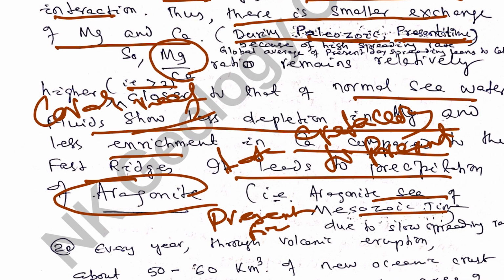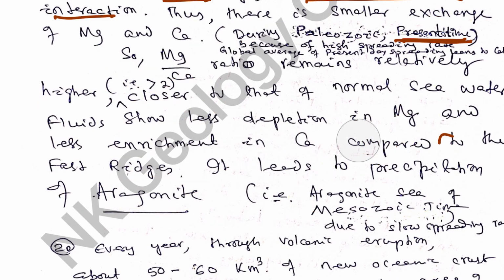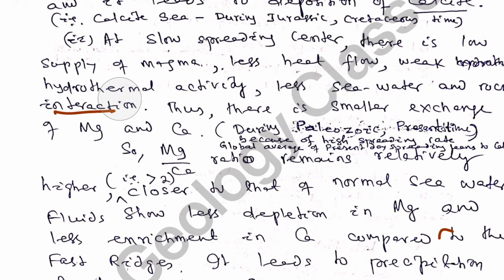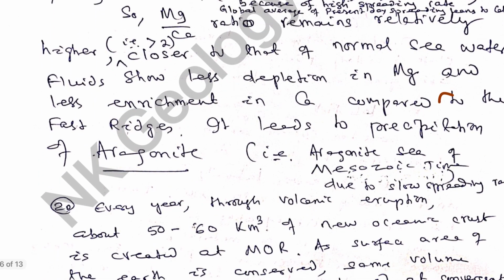Coral reefs are being produced because of this aragonitic sea condition. So we have the fast spreading ridge, where the condition is favorable for low Mg/Ca ratio, leading to calcitic sea, and in slow spreading ridges the condition leads to high Mg/Ca ratio, and it is a condition for formation of aragonite, as is prevailing in present day oceans.